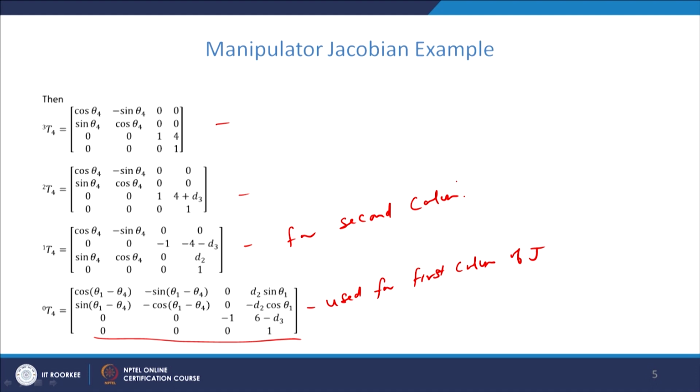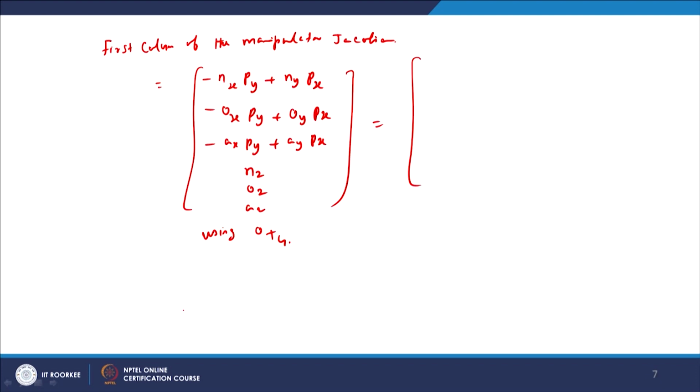So, this plus ny px, ny is sine of theta 1 minus theta 4 and px is d2 sine theta 4. If you multiply and add, substituting in this formula, we will get the value to be d2 cos of theta 4.